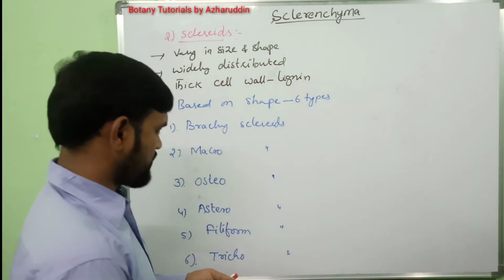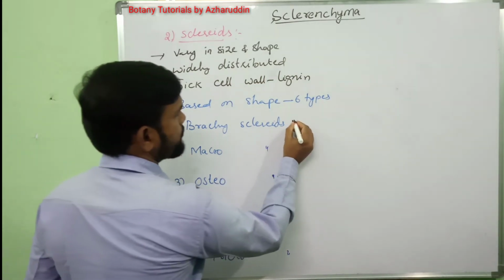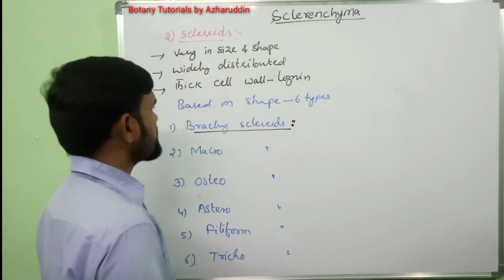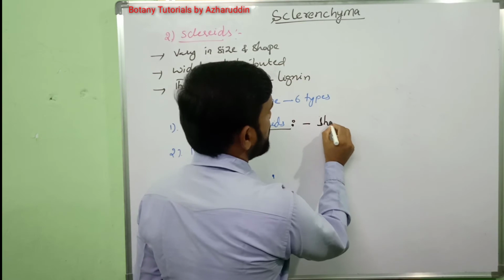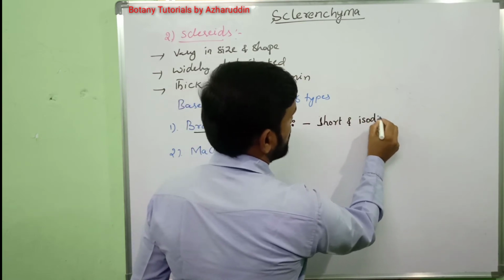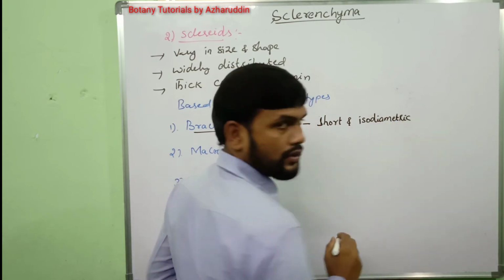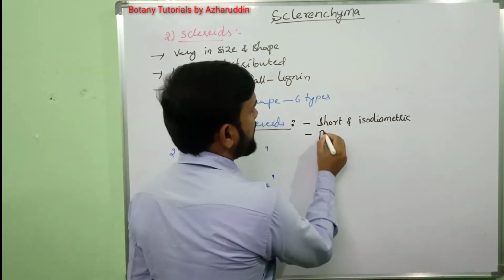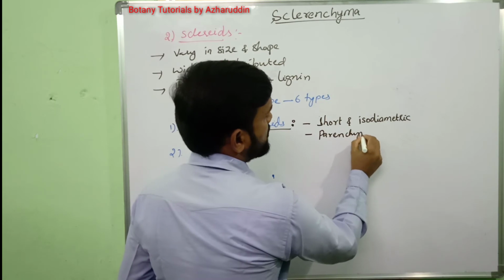Coming to the first one, brachysclereids. These brachysclereids are isodiametric. They are short and isodiametric in shape, and they resemble parenchyma cells.